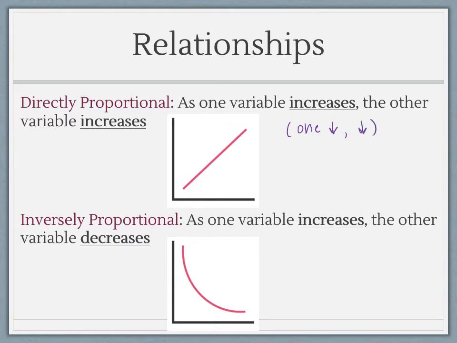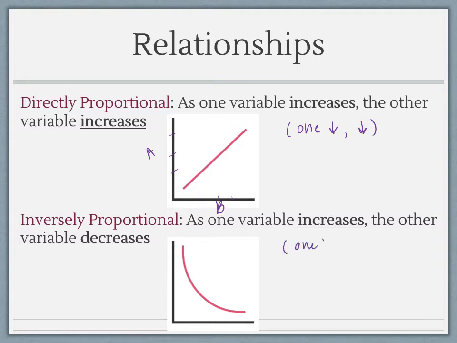And if we're looking at this in a graph, it's going to look like the line here. See, as whatever is on the x-axis gets bigger and bigger and bigger, so does whatever is on the y-axis. So that's directly proportional. Inversely proportional is just the opposite. As one thing increases, the other will decrease, or vice versa.